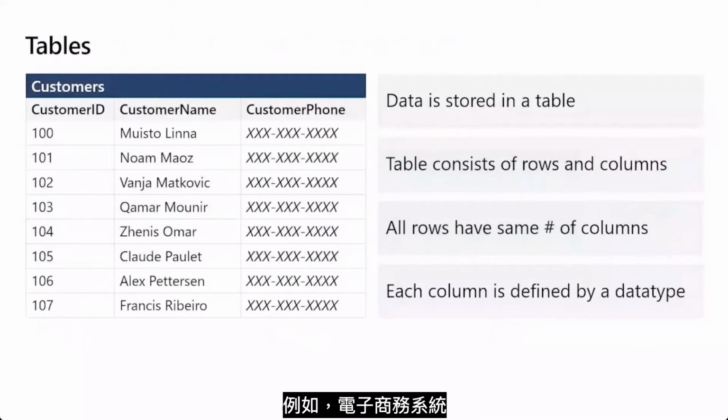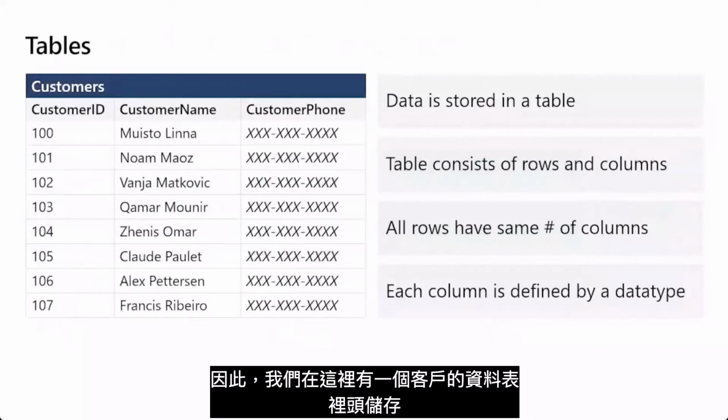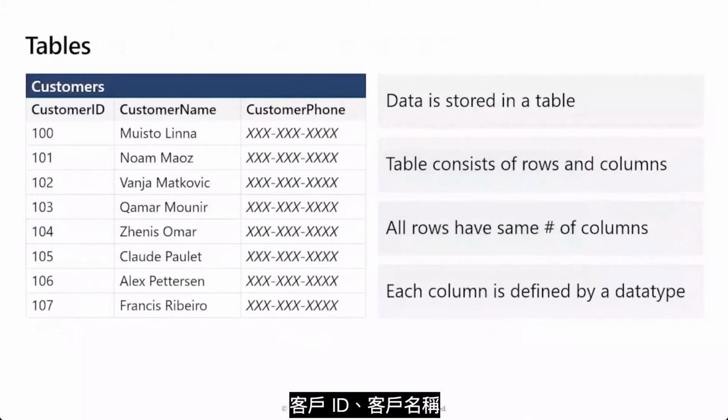For example, an e-commerce system might use a database to record information about the products that this particular e-commerce site or organization might sell, as well as some of the details of their customers and the orders that they've placed. And so we have a customers table here, which stores the customer ID, the customer name, and the customer phone number.